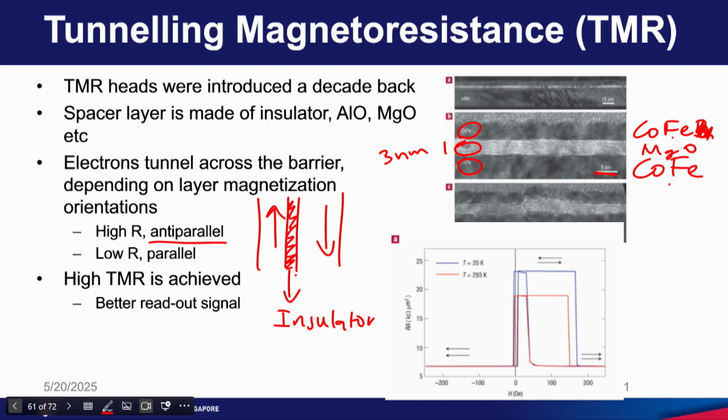If the magnetization of the two layers is anti-parallel, you try to send electrons, the probability for electrons to tunnel from this side to the other side is lower. So, you will see the resistance is high, and if the two magnetizations are parallel, then the probability for electrons to tunnel across is higher and the resistance will be lower.